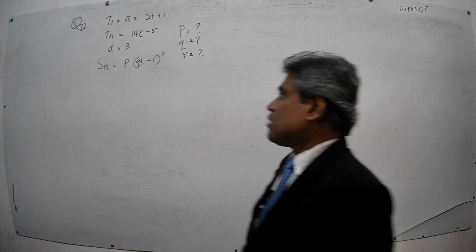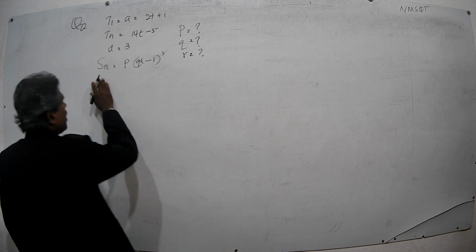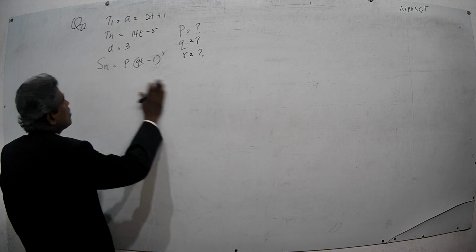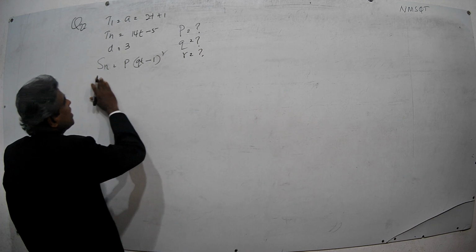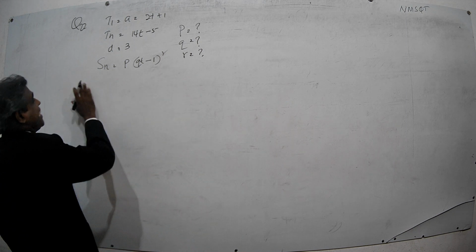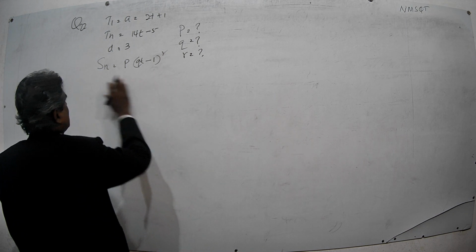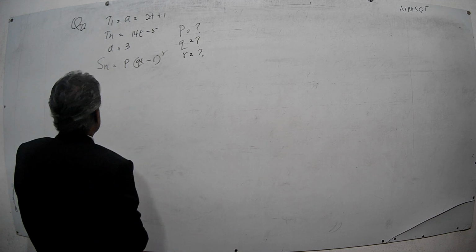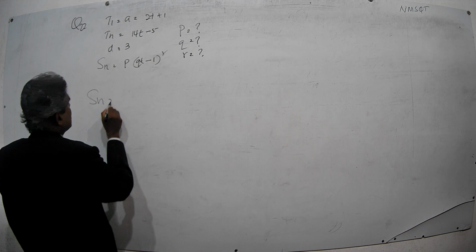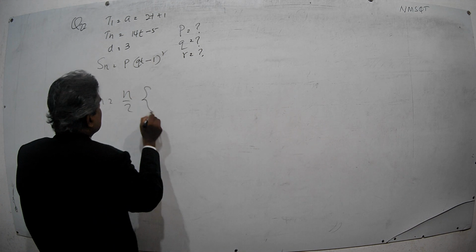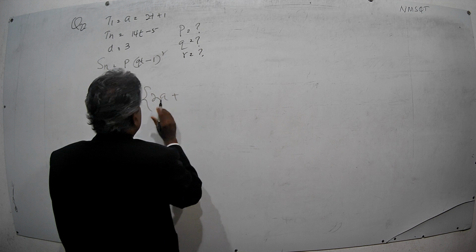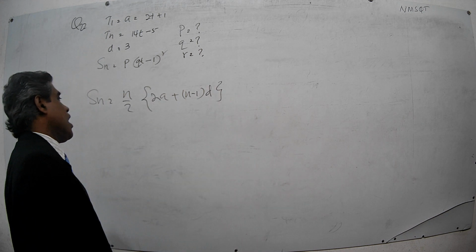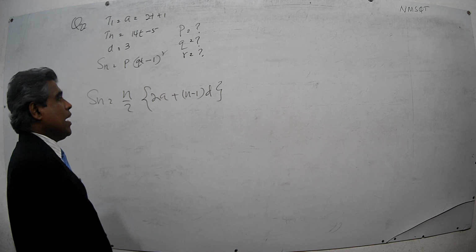Then we write the formula because we have the statement for the expression for the sum of first n number of terms of the sequence. We have a formula Sn equals n divided by 2, then in brackets 2a plus n minus 1 within brackets d. So this is the formula to find the sum of first n number of terms of any arithmetic sequence.